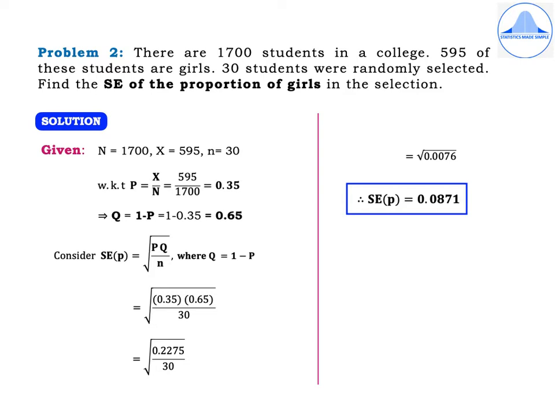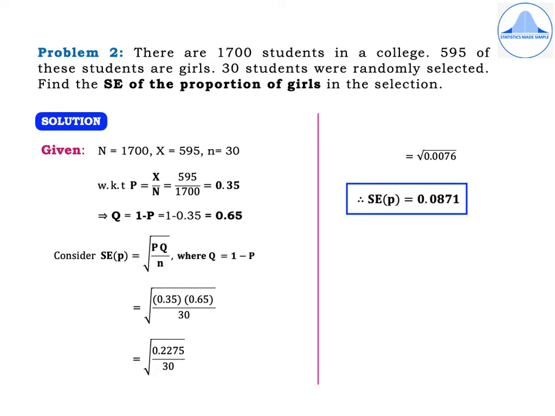So there are 1,700 students in a college, which is nothing but the size of the population. That means capital N is 1,700. Now out of these 1,700 students, 595 are girls. So we know that capital X stands for number of units which possess a given attribute in the population.